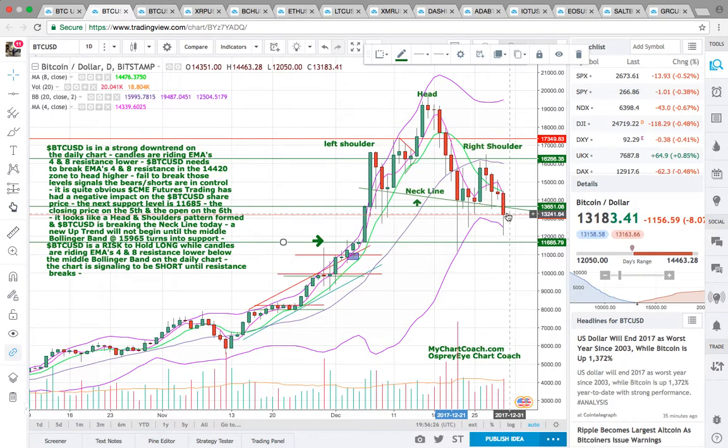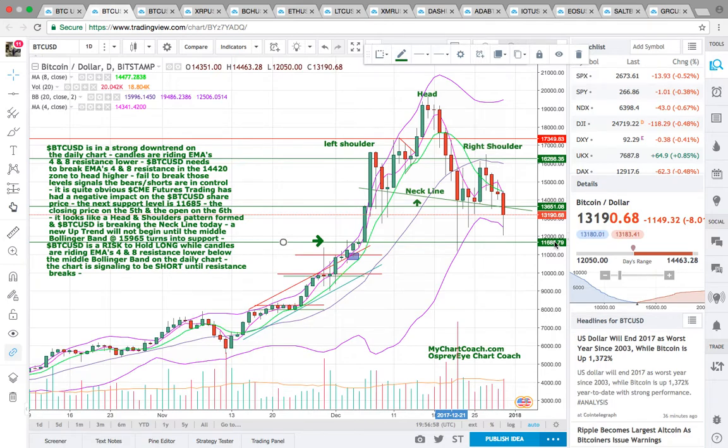So if it closes below this green line, that is going to signal more downside risk. And also if it closes below this green high close horizontal resistance line here at about the 13,569 level, the 13.6 level, let's see right here, so 13.65, that's going to signal more downside risk, and you really don't have much support until you get down here to this 11,685 level.